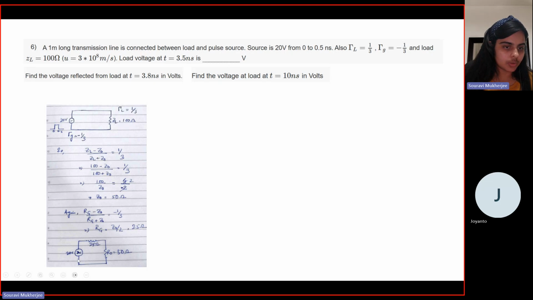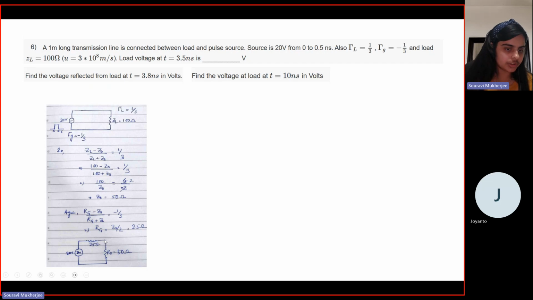So effectively, now what you have is this source here, a 20 volt pulse that is coming, and it would first pass through this 25 ohm resistor at the generator end, and then this is the characteristic impedance of your transmission line. So now you know what you have to do, right? If you have to find the voltage at this end, we know that we have to use the concept of voltage divider circuits, right? So basically it would be 50 by 50 plus 25 into 20.